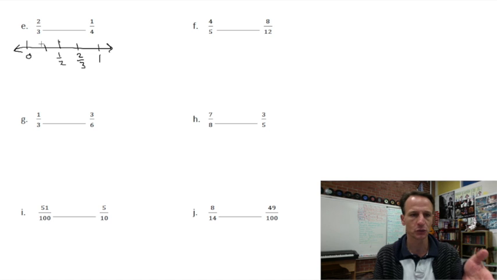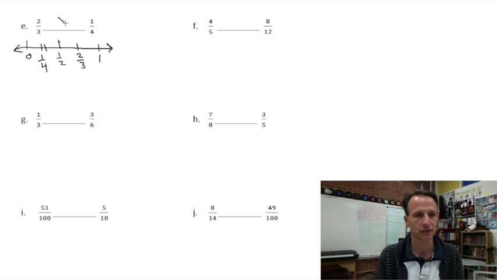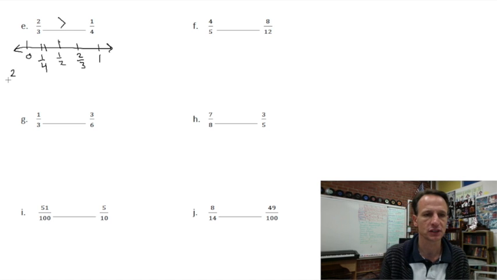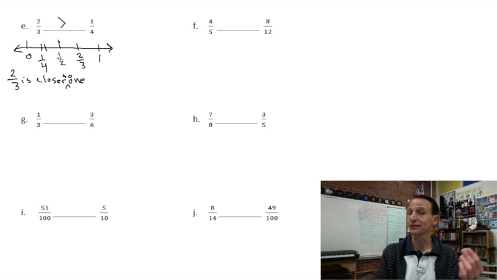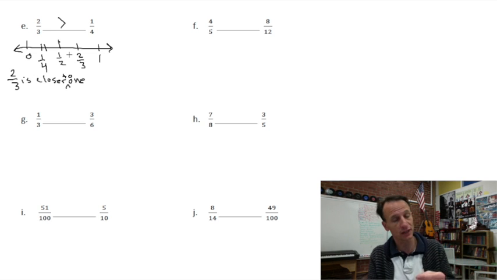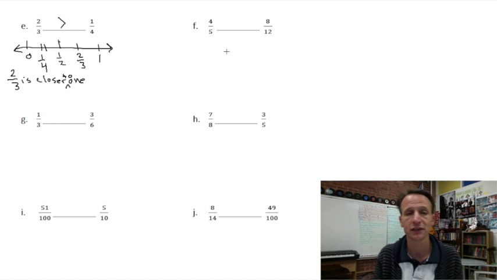Halfway between 0 and 1/2 is 1/4. So look at that. 2/3 is closer to 1. You could also say here that 1/4 is less than 1/2 and 2/3 is more than 1/2. Compare them to the benchmark of 1/2.